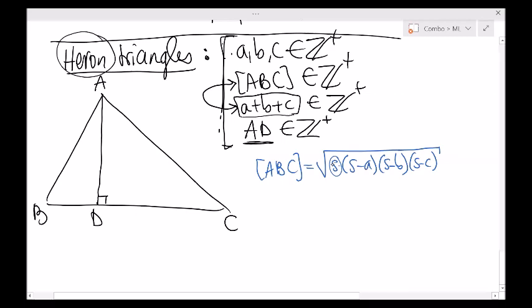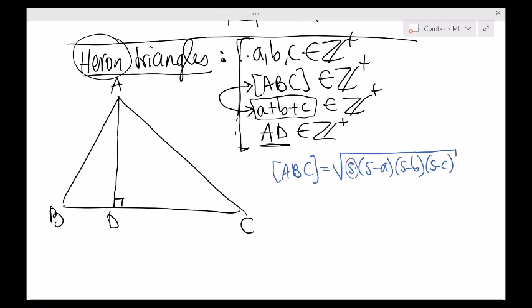Now, technically, how do we do that? How to prove Heron's formula, you can easily find the proof on YouTube. I'm sure there are dozens of proofs of that. But how can I use the knowledge that I got so far in establishing this result? How can I construct, with A here, B here, C here, and this altitude, let's call it D, based on what I did so far?